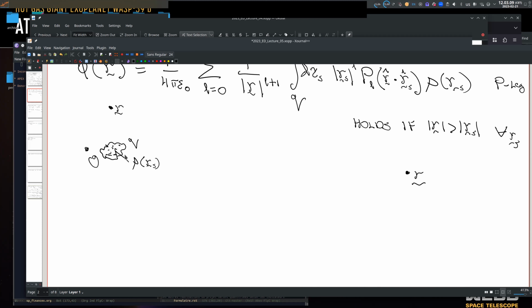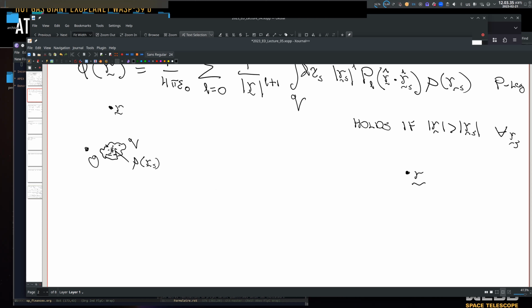However, this distribution of charges has a number of simplified characteristics. The first simplified characteristic that you can think of is the average charge that it contains, the total charge that it contains. So if I'm very far away, if there happen to be positive and negative charges right next to each other here, I'm just not going to see them because their potential essentially cancels.